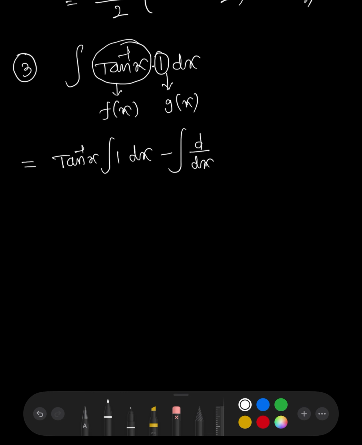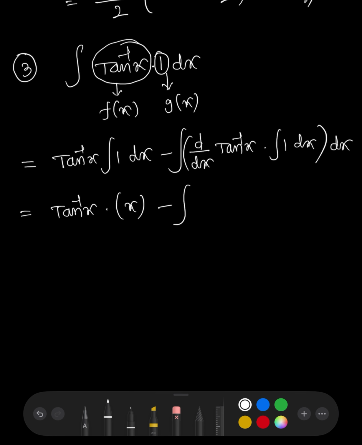d by dx of tan inverse x into integration of 1 dx, whole dx. So tan inverse x into integration of 1 is nothing but x, minus integration of derivative of tan inverse x, which is 1 by 1 plus x square, into integration of 1, which is nothing but x, whole dx.